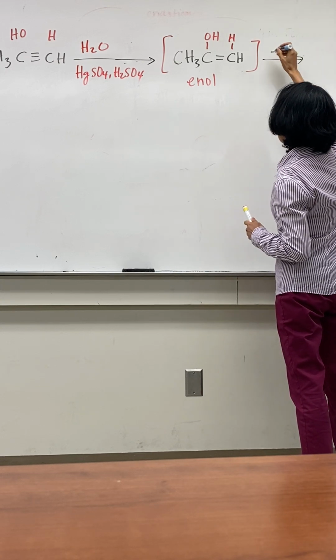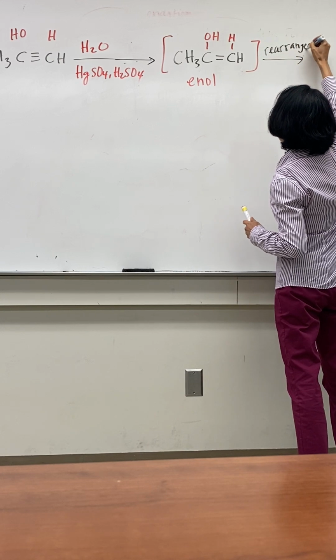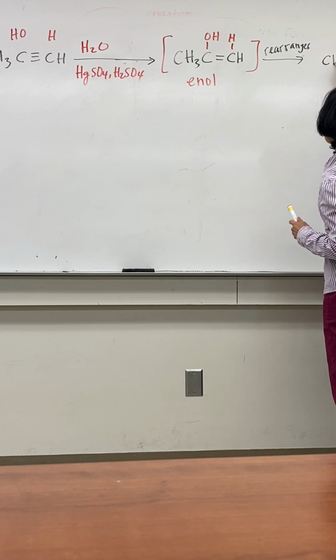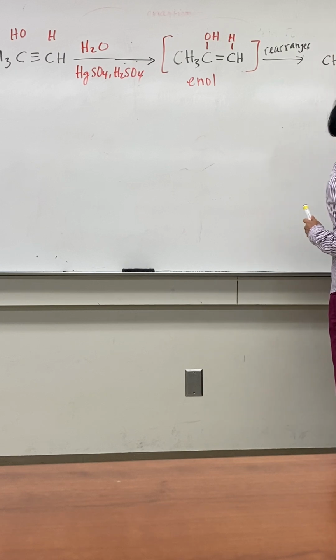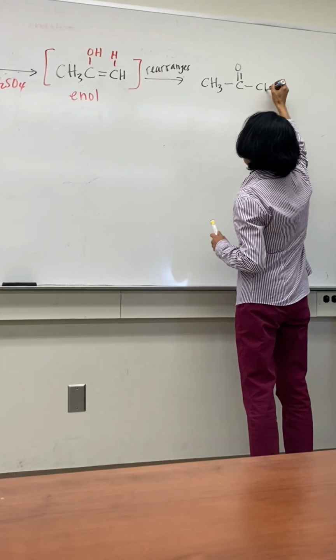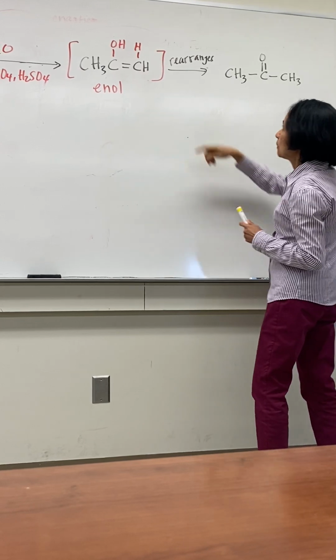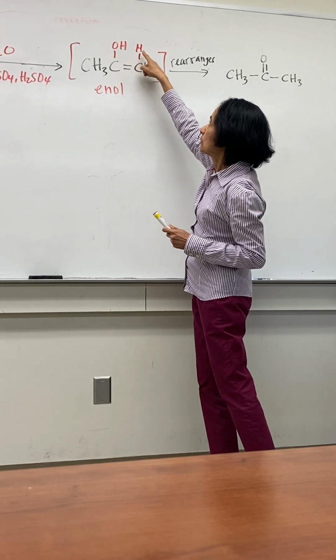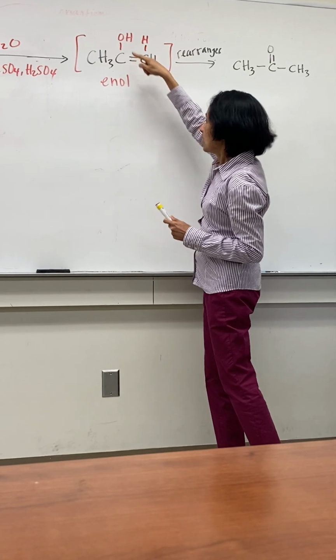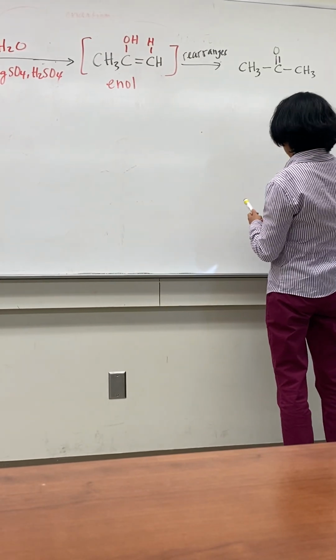So it undergoes a rearrangement to form CH3, and then C, and this becomes a double bond, and that becomes CH3. So you can think about it, the water, H2O, this H goes, you see that?